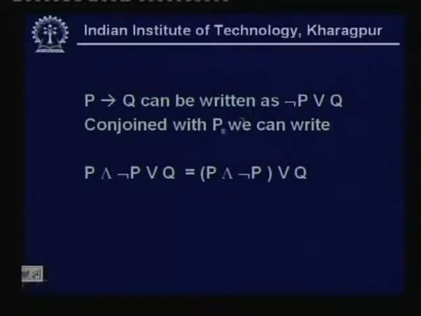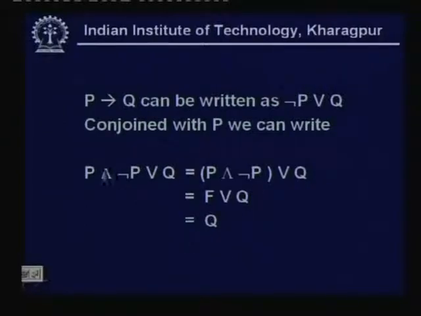So we have got not P or Q and P is true. So if we conjoin it with P, then we can write P and not P or Q, and therefore P and not P by associativity or Q. So P and not P is false or Q, anything false or Q will be Q. So that is the proof of the modus ponens.